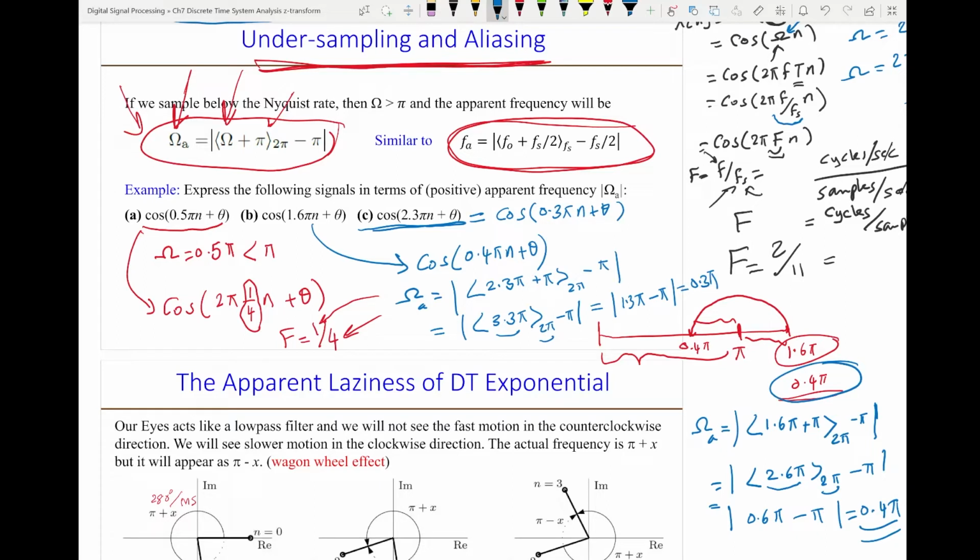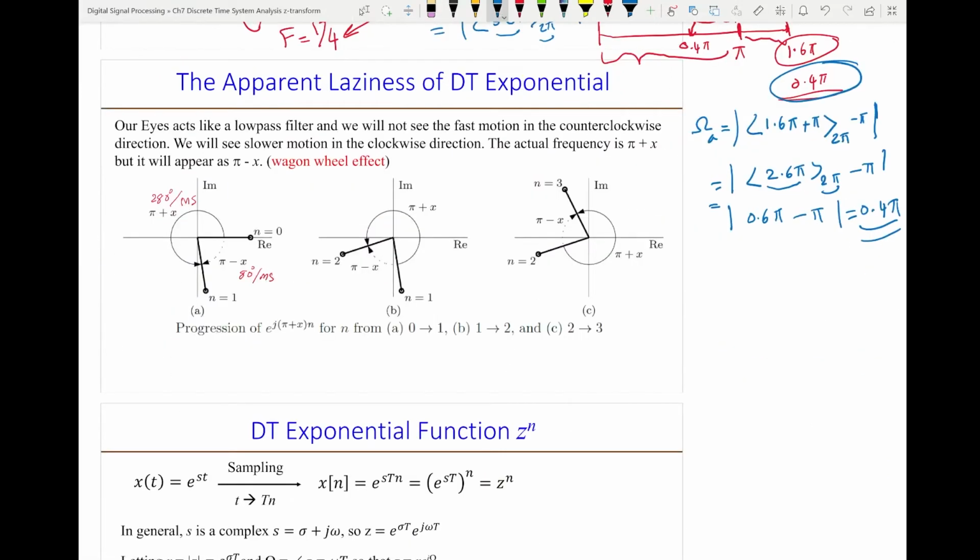Now aliasing is something you have probably experienced in visual observation, for example, the wagon wheel effect. If you are driving by a car and looking at the wheel with its rim, at a certain speed, if the car is moving this direction, you will see the wheel spin this way.